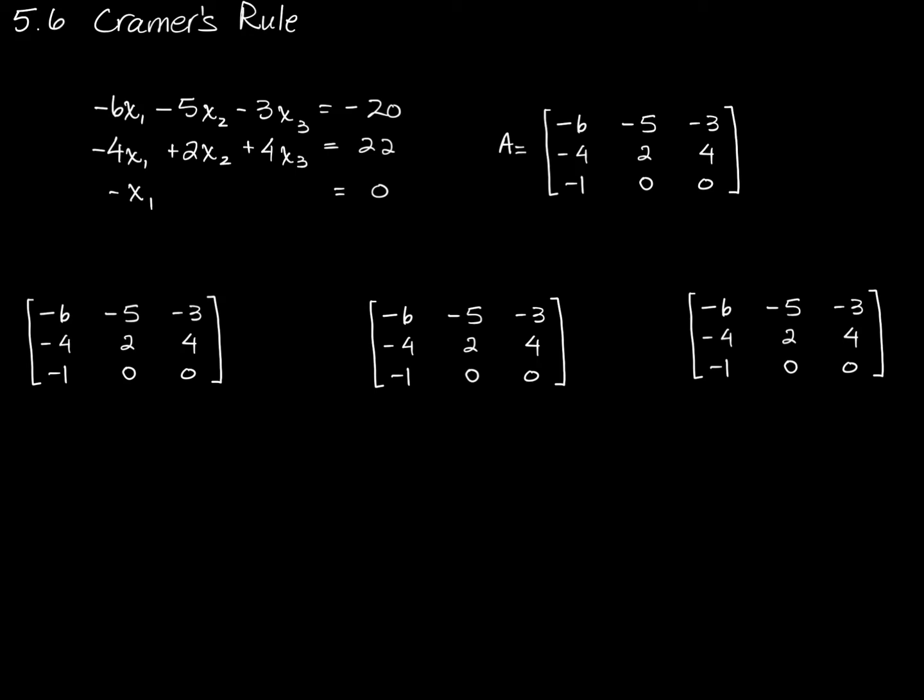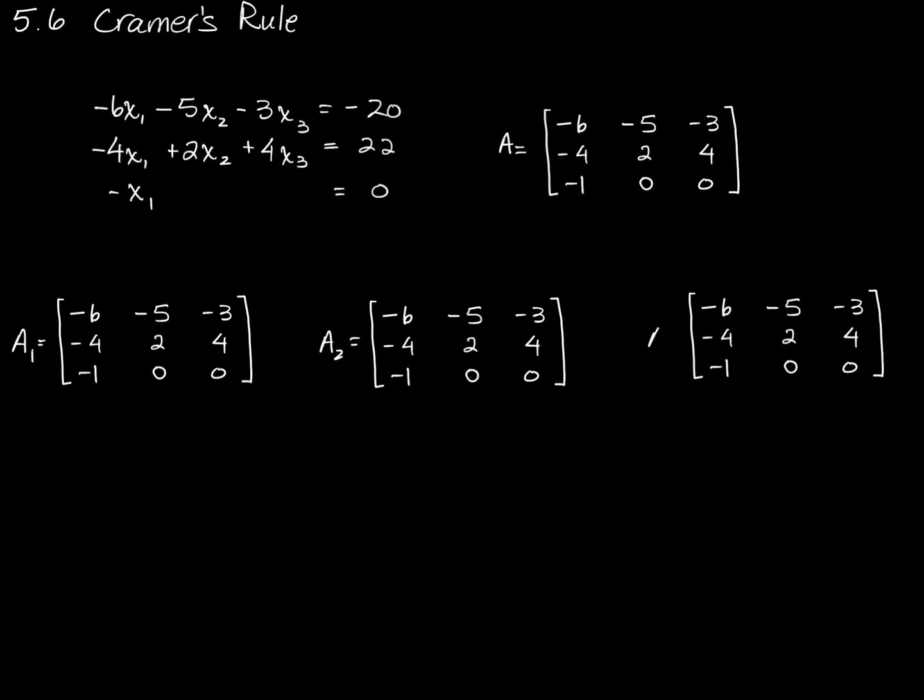Let's actually start by labeling these matrices. We have A1, A2, and A3. And then I'm going to remove the column in each one associated with its subscript. So in A1, I'm going to remove column 1. In A2, I'm going to remove column 2.